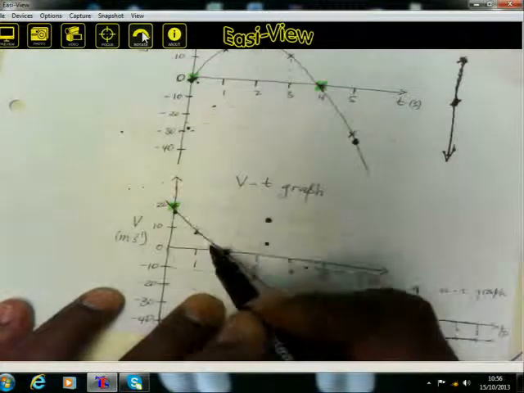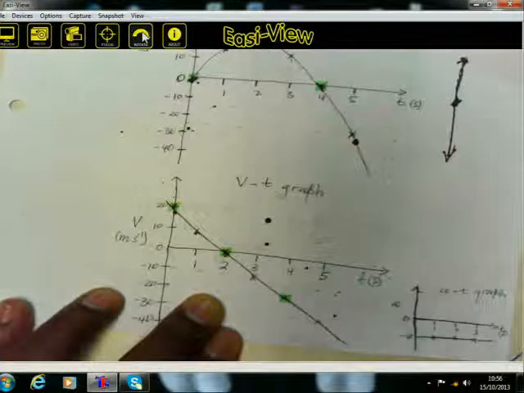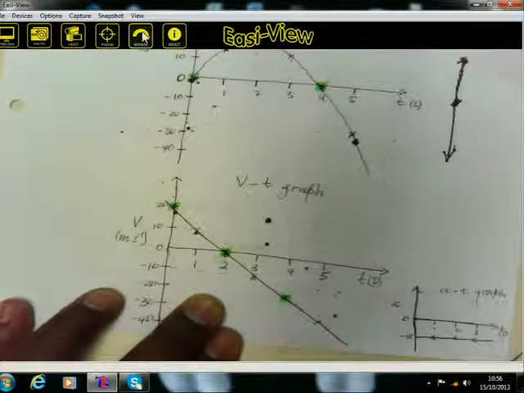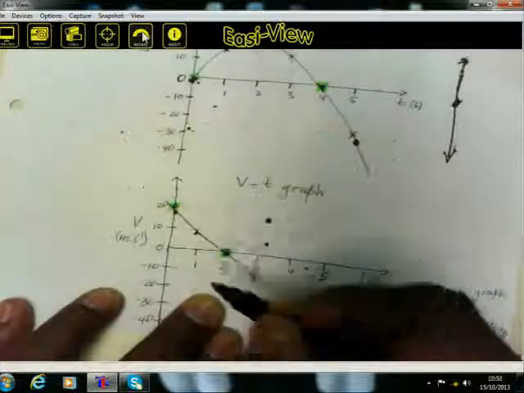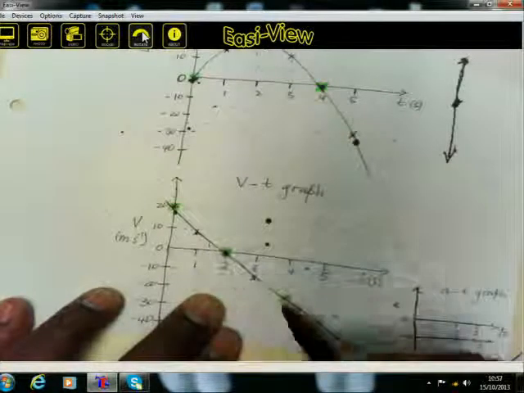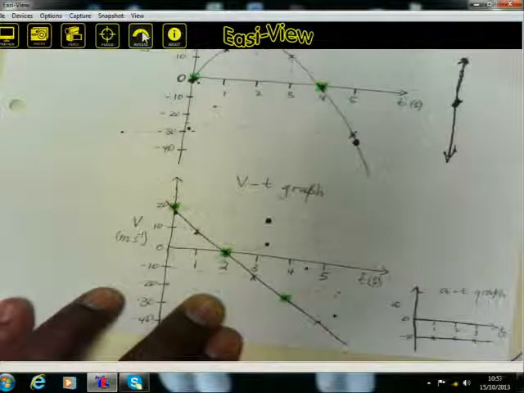The object is going up and at the same time is accelerating downwards, so its velocity decreases, hence why the slope of this graph is negative, or it slopes to the left.